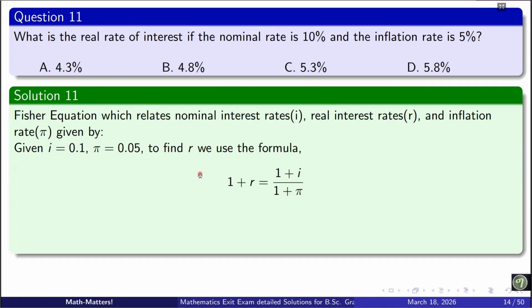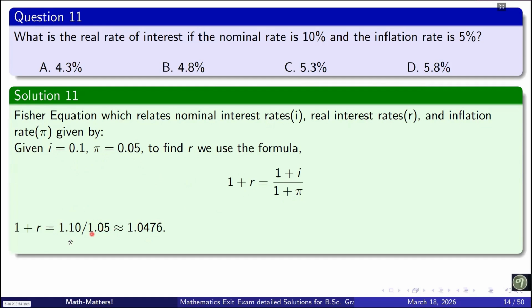Substituting these values, we have 1 plus r is equal to 1.1, that is 1 plus 0.1, divided by 1 plus pi, and 1 plus pi is 1.05.